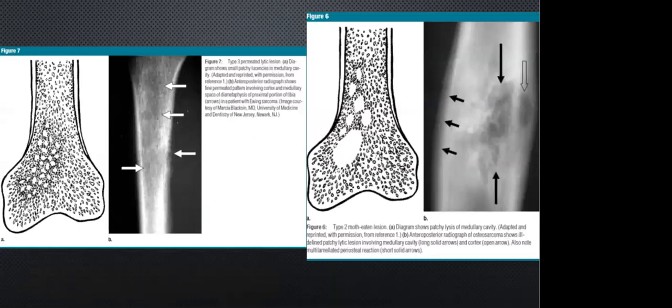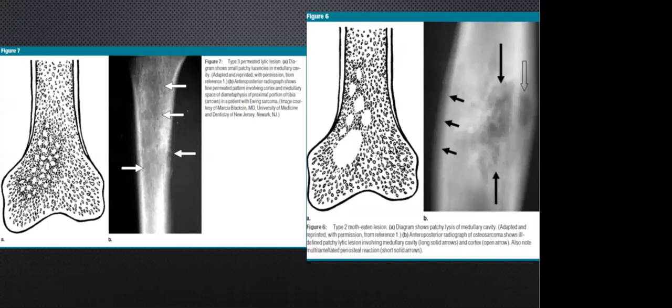On the other hand, an infiltrative lesion has ill-defined margins and a broad zone of transition, and this pattern of bone destruction may be moth-eaten, type 2, or permeated, type 3, which refer to small, patchy, ill-defined areas of lytic bone destruction. At the left side, we can see permeated lytic lesions. This anterior posterior radiograph shows these lytic lesions.